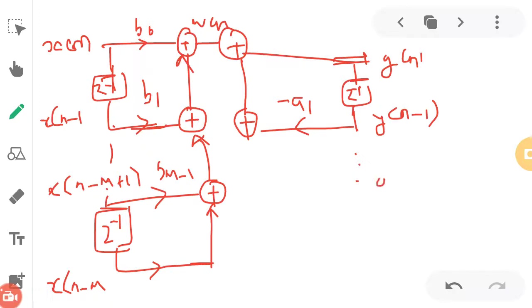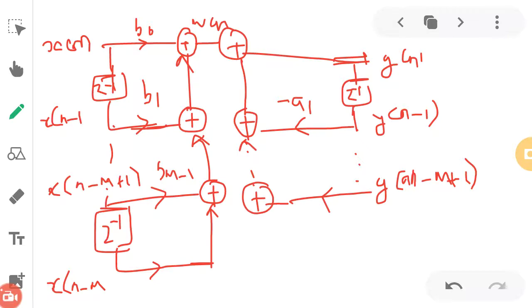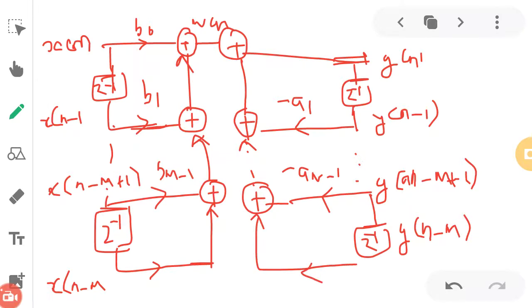And at this point we get y of n minus m plus 1. Then at this point we can write this equation, this will be minus a n minus 1, and then next we take z inverse to get y of n minus m. Then if we add this term with this, we will get minus a n.